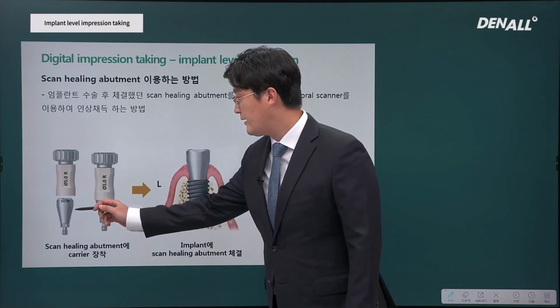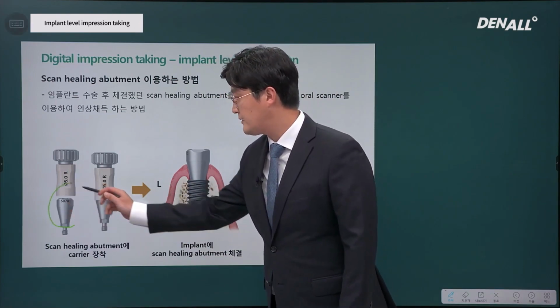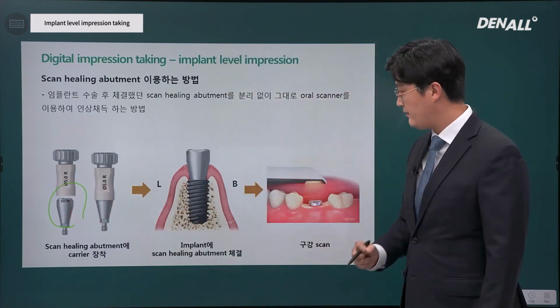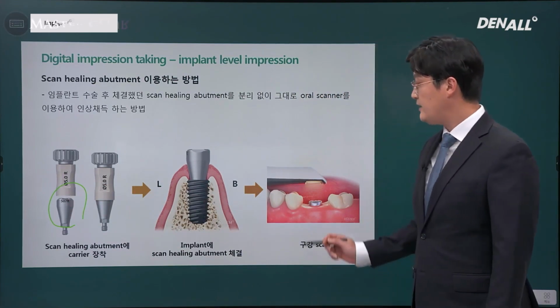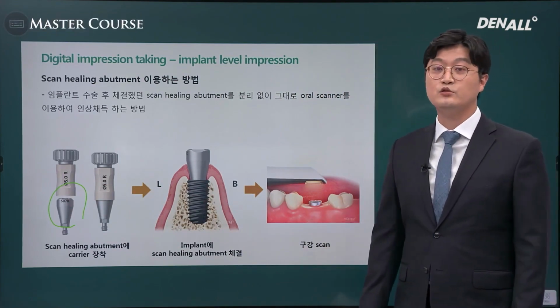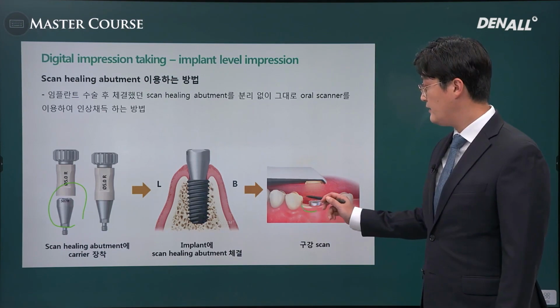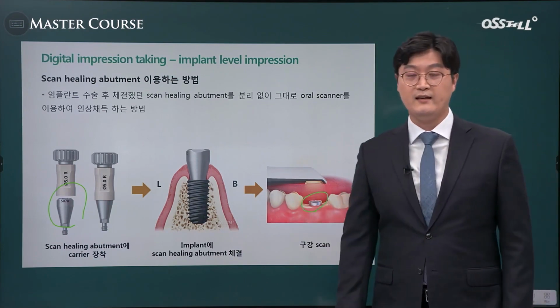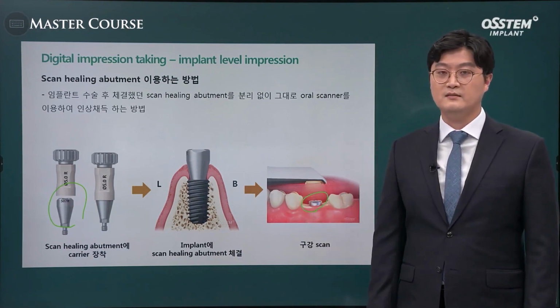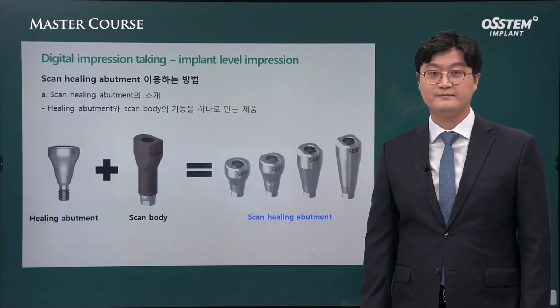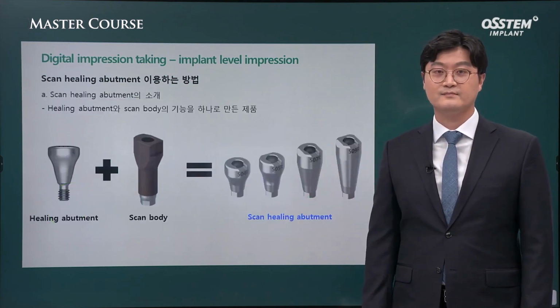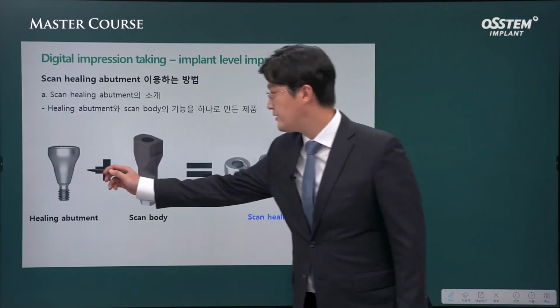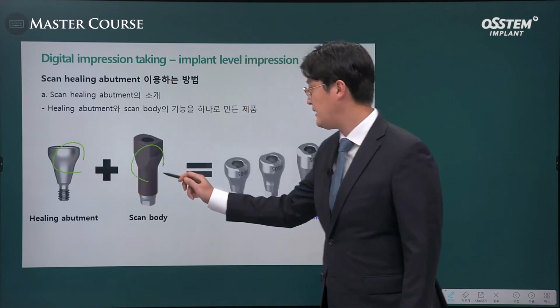Scan healing abutment. A healing abutment is combined with a scan body. Generally after the first or second surgery, instead of a normal healing abutment, this can be used for scanning. This is the one. A normal healing abutment is combined with a scan body.